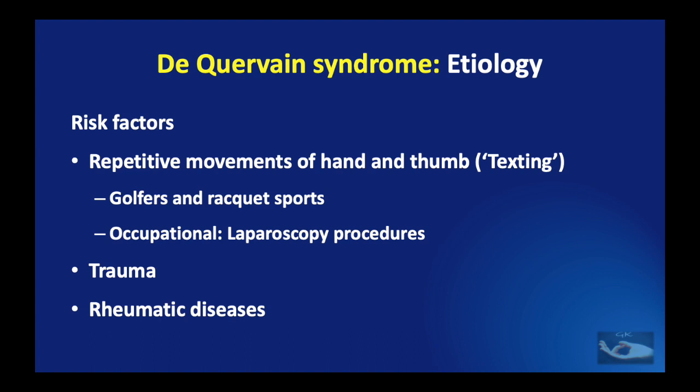These repetitive movements are also seen in golfers and racket sports, and also in certain specialized occupations like surgeons performing laparoscopic procedures and doctors performing endoscopic procedures. Other conditions like trauma and rheumatic diseases can also serve as risk factors.